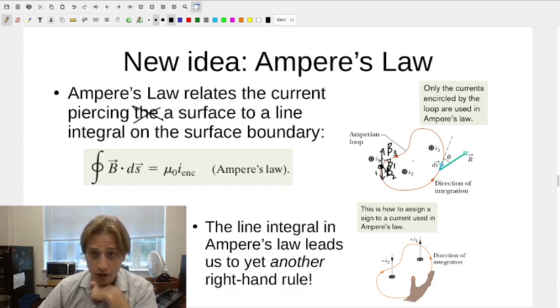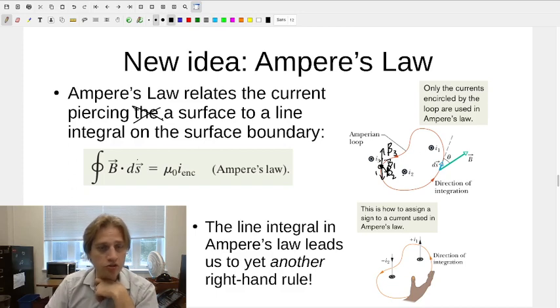Now, the upshot of it is that if you integrate all the way around a loop, the contributions of a current that is outside of the loop will add up to 0 unless that current is inside of the loop itself.